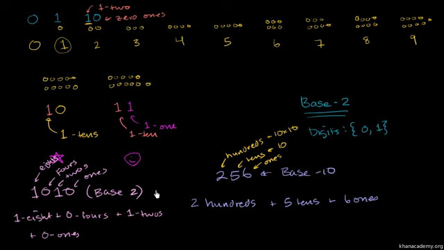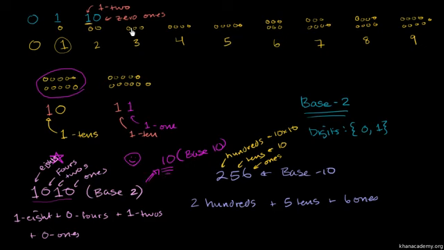So in base 10, let me write it over here, this would be an 8 plus a 2, which is just a 10. This is how you would represent what we know as 10 things. This is how you would represent it in base 2. This is how we know we would represent it in base 10.